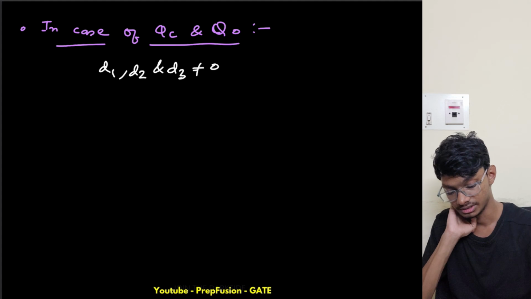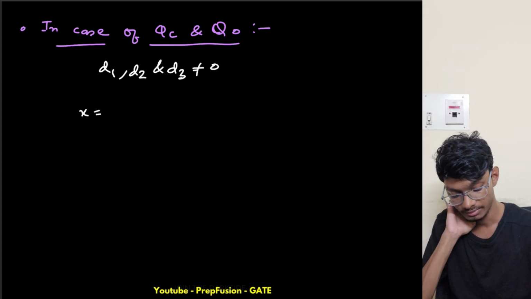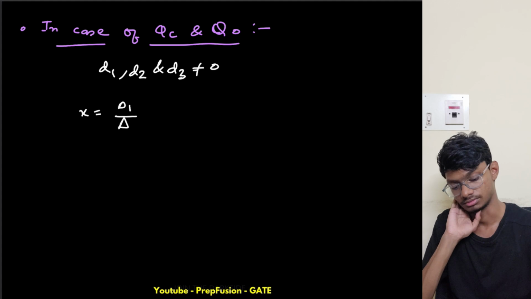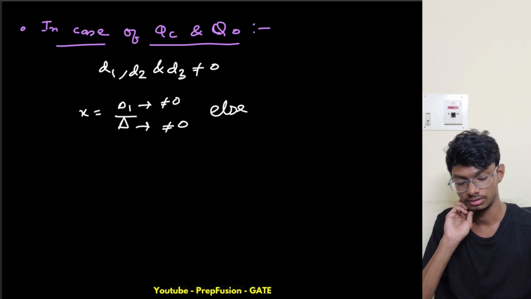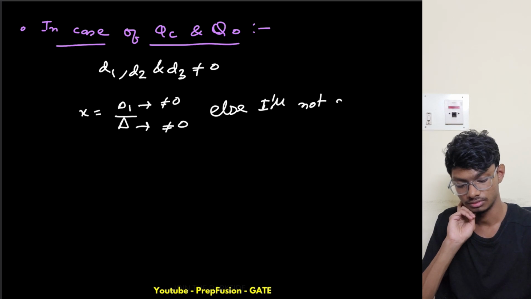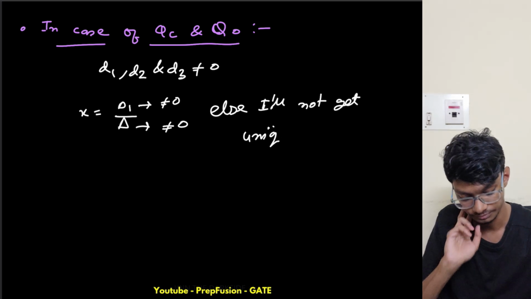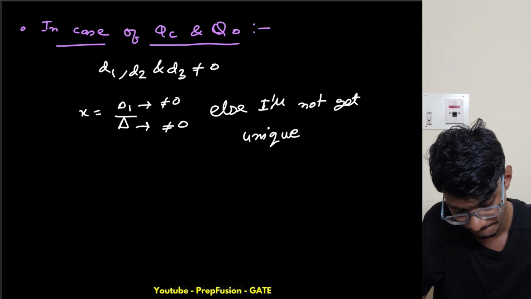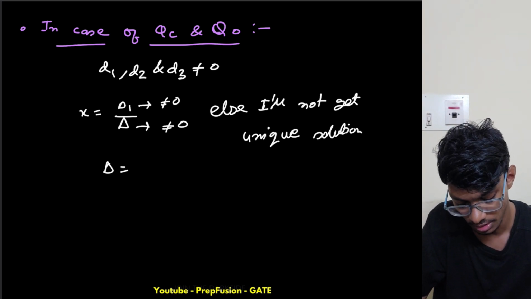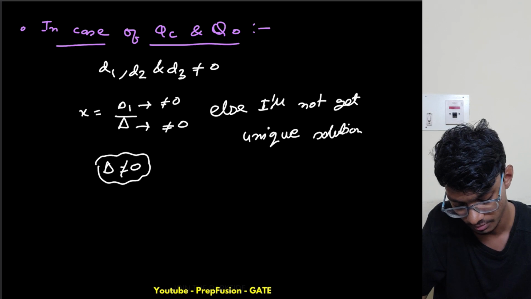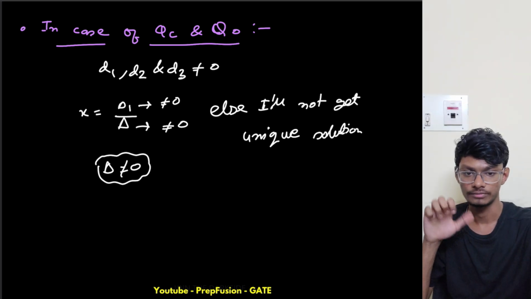Then my x will be equal to delta 1 by delta, and this is not equal to 0, then this has to also not be equal to 0, else I will not get a unique solution, okay. So my delta can't be equal to 0, okay. So yeah, this is one thing.